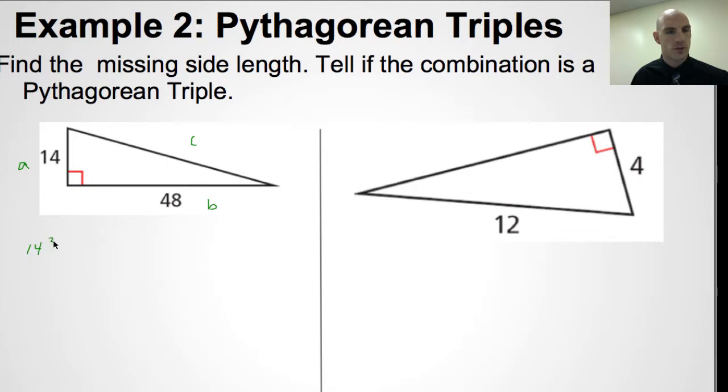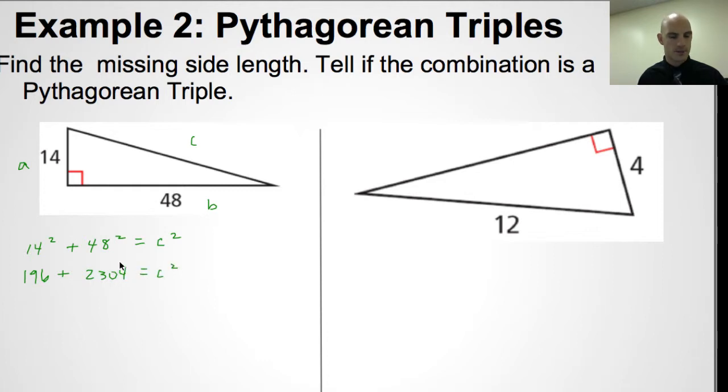So I'll do 14 squared plus 48 squared equals C squared. And I don't necessarily need to know what that is, except that I'm going to try to test these. So let me grab a calculator real quick. Okay, 14 squared is going to give me 196. Maybe some of you out there knew that one as one of your times tables. And 48 squared equals 2304.